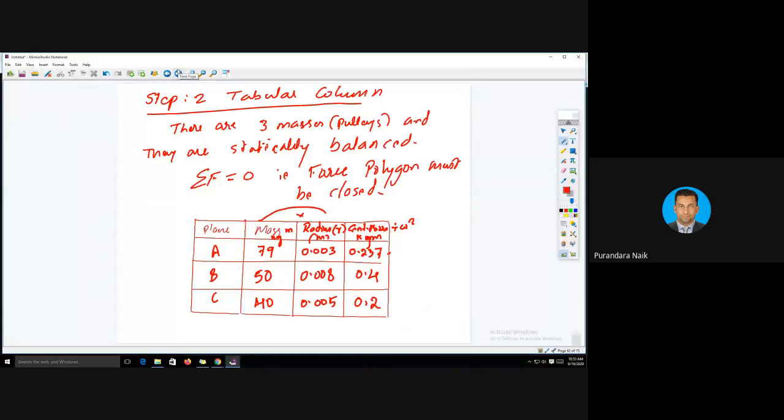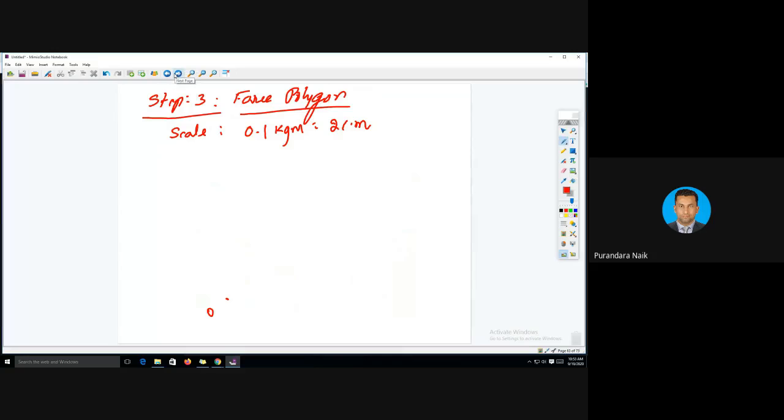But what is the length? 0.237, convert it to the scale. How much does it come to? Multiply by 2. 4.74. 0 degree angle, 4.74. 0 degree, so this is the reference line.